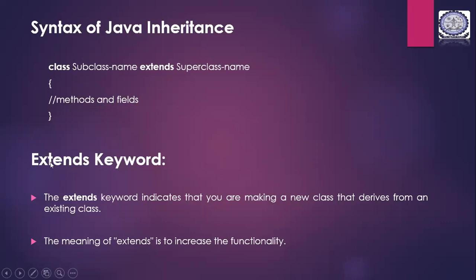So the extends keyword here indicates that you are making a new class which derives from an already existing class. So some of you have your family names along with your names, right? So this family name tells us that you belong to such and such a family, and you will be inheriting the genes or the properties from your ancestors. So the ancestors there will become your super classes.